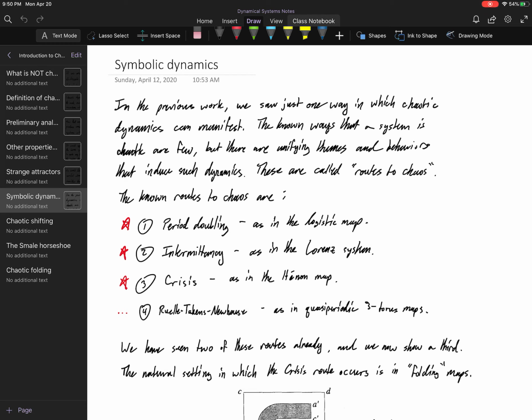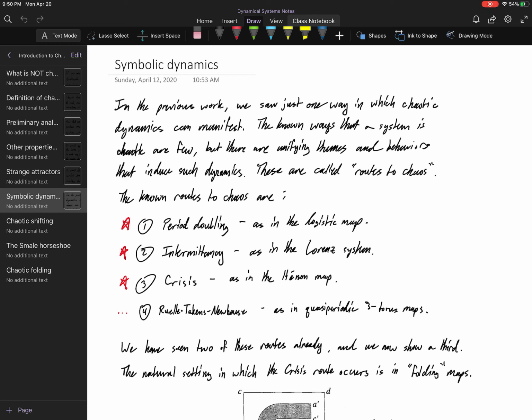In general it's actually very hard to prove that something is chaotic. There are lots of indicators that let you suspect chaos, but actually showing that the dynamics on a certain subset are chaotic is very difficult in practice.